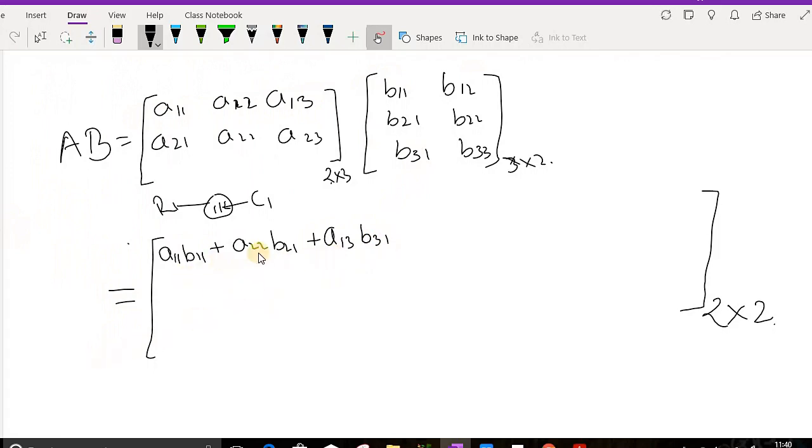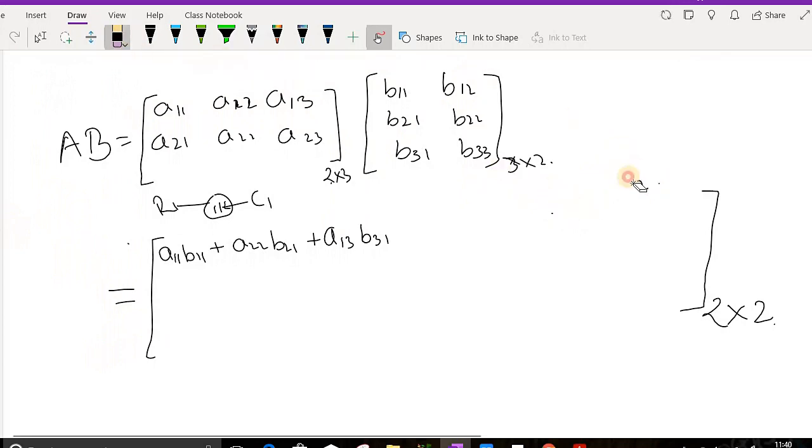So this is the product for the 1,1 position. Now, what will the 1,2 position be? Here R1 and here column 2. This position is 1,2, so you multiply R1 with C2 of the second matrix.